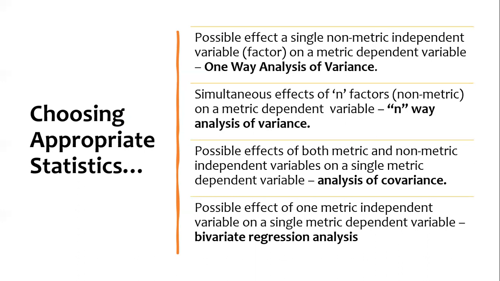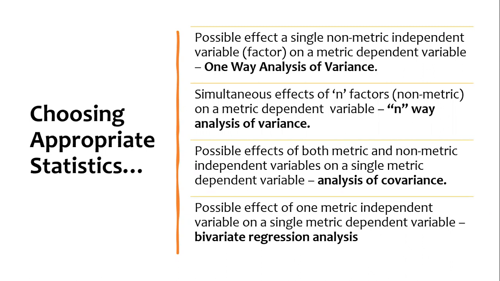Then when you want to look at the simultaneous effect of different non-metric independent variables on a metric dependent variable, that's when you use analysis of variance. You need to actually look at these conditions critically.